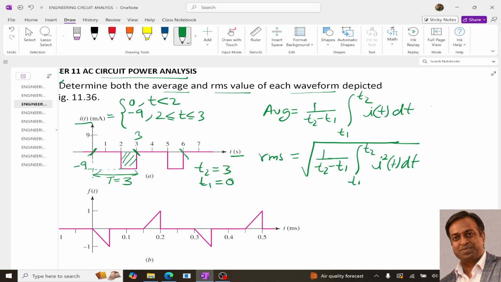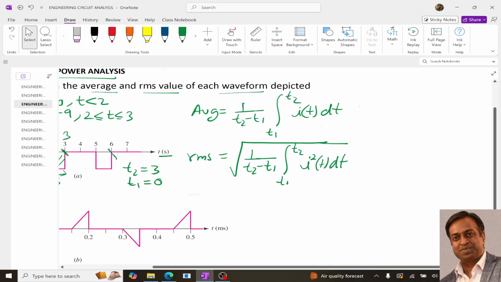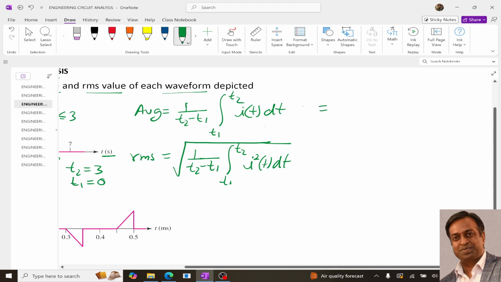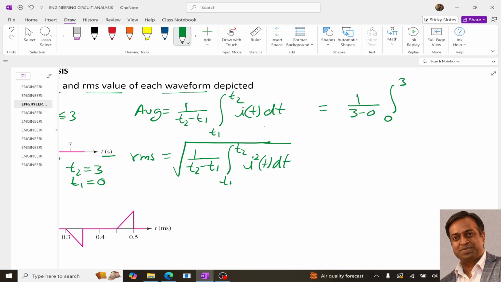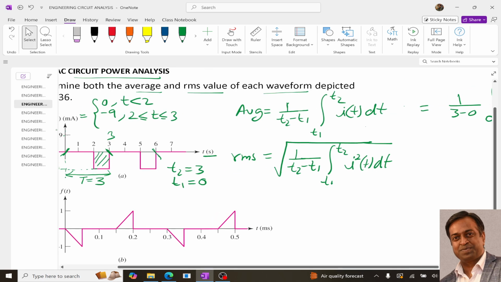Now, using this expression of i(t), we will substitute it in this formula. How? 1 upon 3 minus 0, integration from 0 to 3 of i(t) dt. Now what is i(t)? It is 0 for t less than 2, and minus 9 in between 2 and 3.